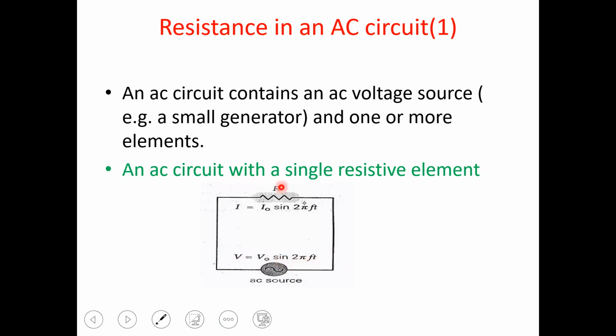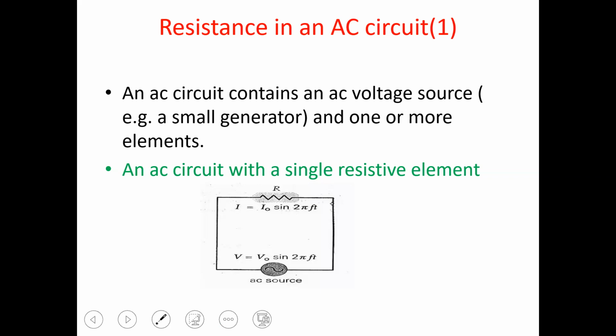It's connected across a resistor, and the current flowing through that resistor R is I equals I naught sine 2 pi ft.